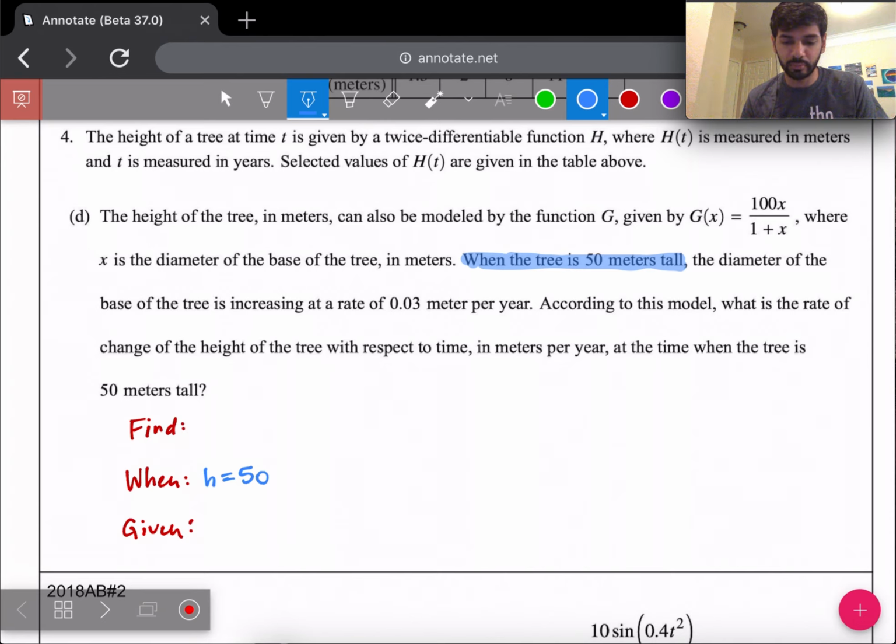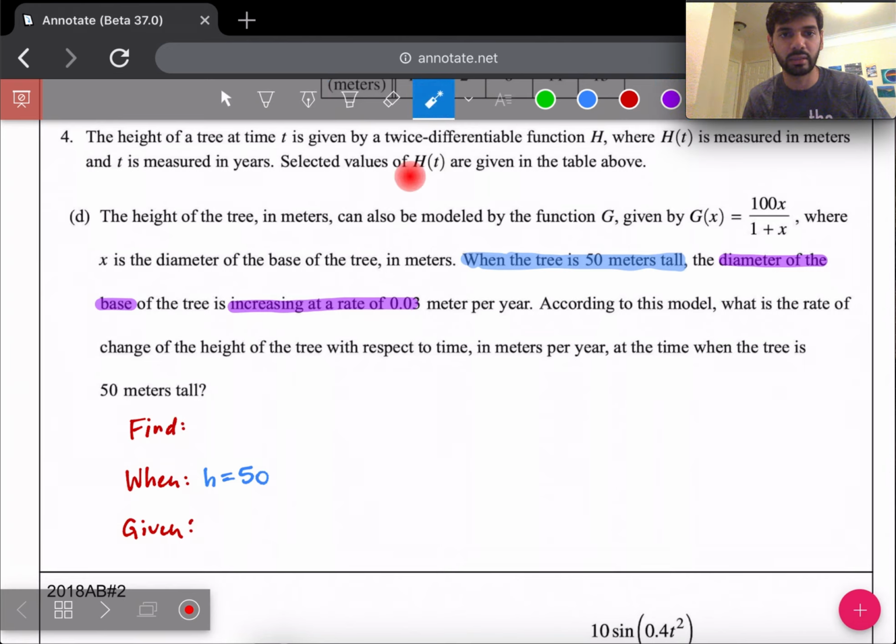And then the given is usually some type of a rate in the problem. So if you use a different color, diameter of the base is increasing at a rate of 0.03 meters per year. So here we have a rate of the diameter. And so whenever we write our rate, it's going to be d something over dt, usually with respect to time.